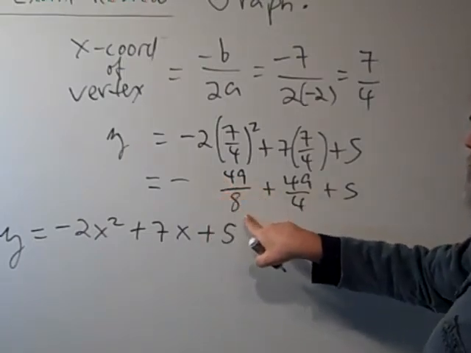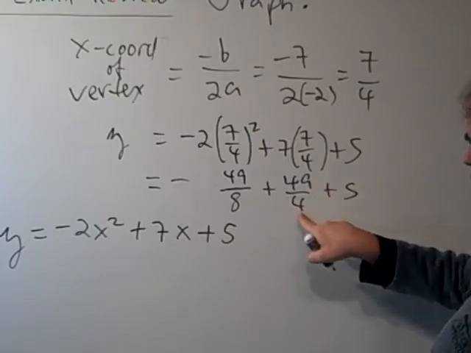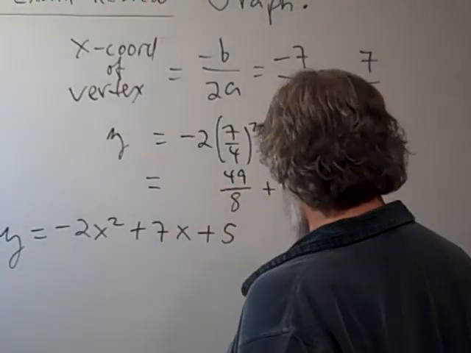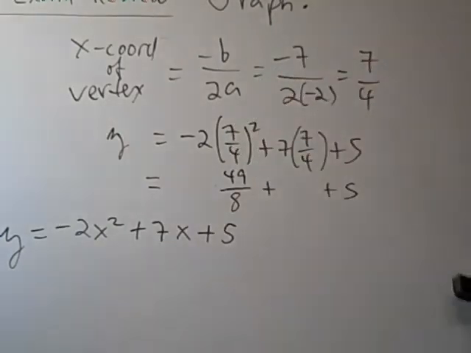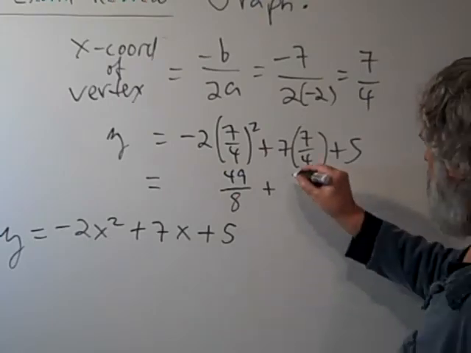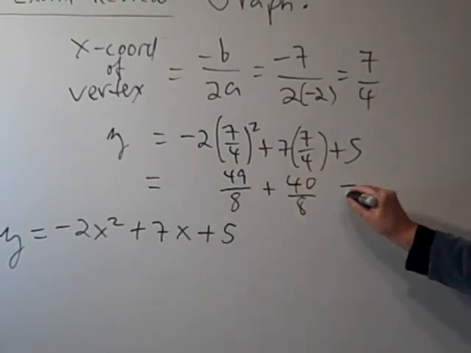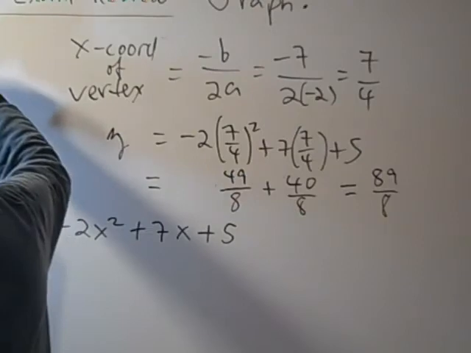Negative 49/8 plus 49/4. This is 49/8 plus 49/8. One of them cancels, so you end up with 49/8 plus 5. And 5 is equal to 40/8. So y is actually equal to 89/8.